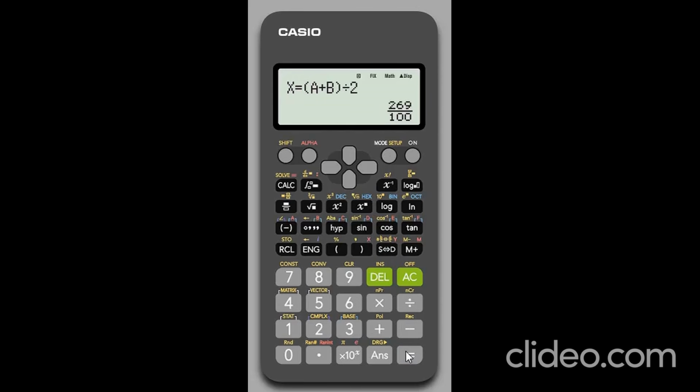So press equal to, the new x value will be 2.69, right? And then press equal to, the corresponding f of x value will be minus 0.29, right?